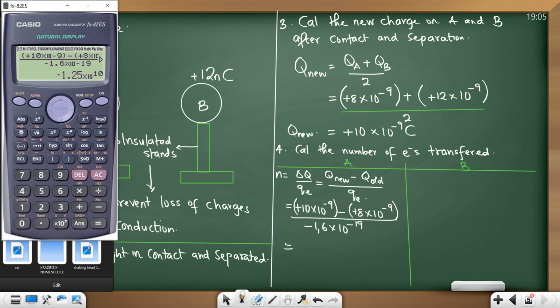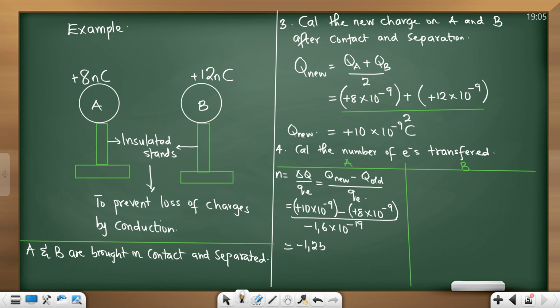Negative. Negative means I'm losing. Negative 1,25 times 10 to the power 10. Therefore, 1,25 times 10 to the power 10 electrons are lost.